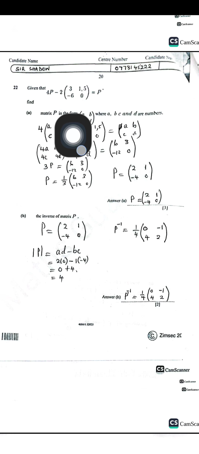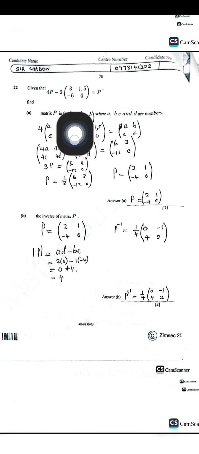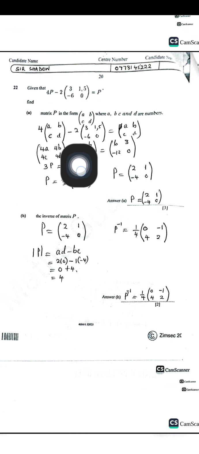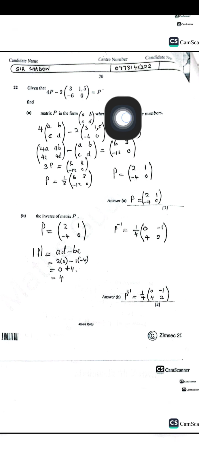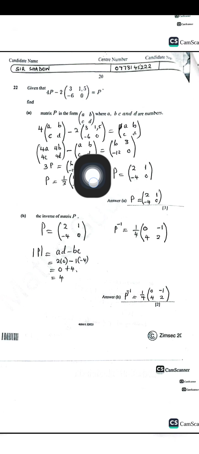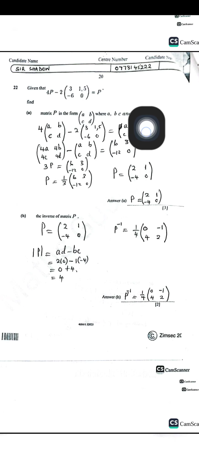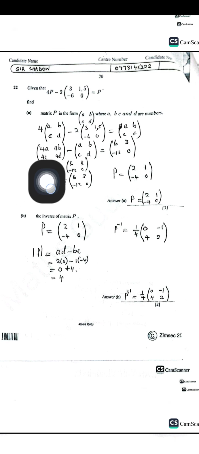Right, so what I have to do is substitute where there is P, I put this unknown A, B, C, D. So I say 4 multiplied by A, B, C, D minus 2 open bracket 3 1, 5 minus 6 0 should be equal to P. But remember, P is also written in the form A, B, C, D. Then grouping the like terms, I can collect this one to this side. 4 multiplied by this one, you get 4A, 4B, 4C, 4D.